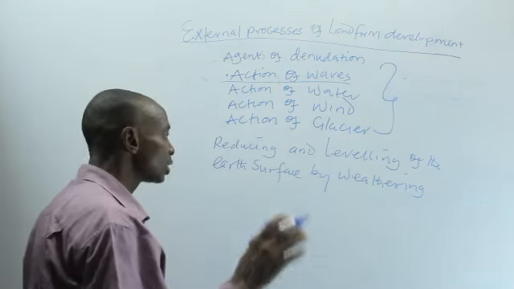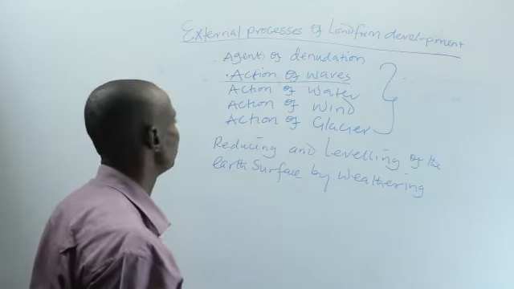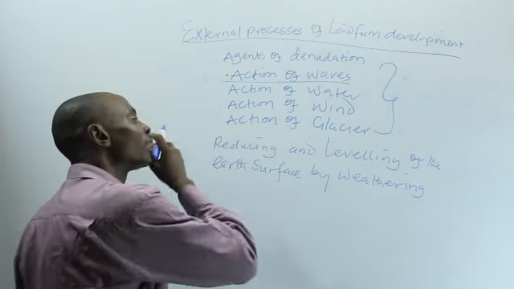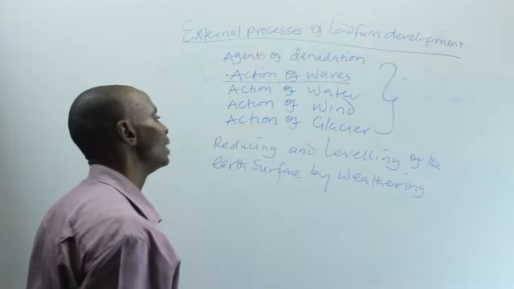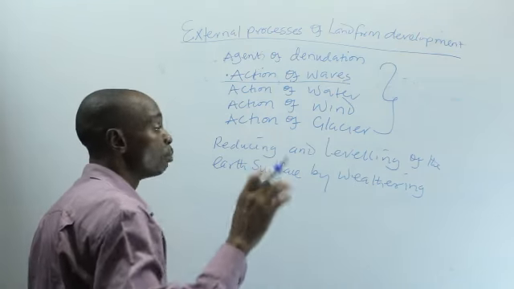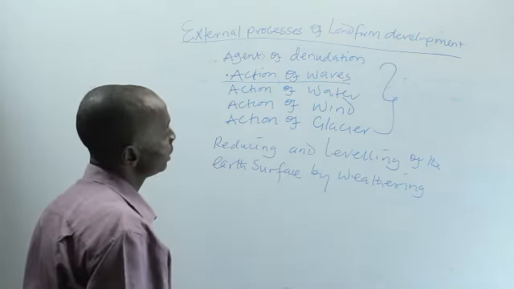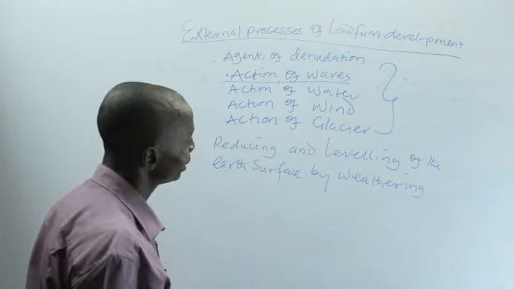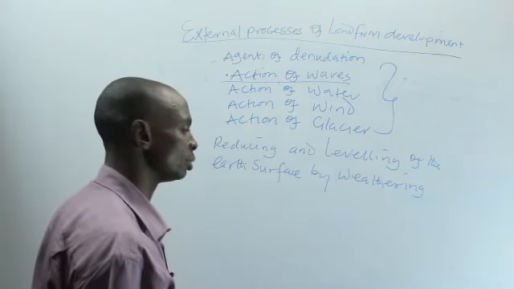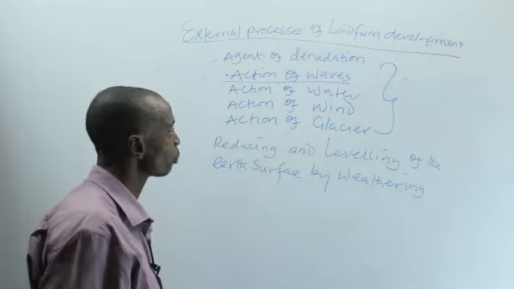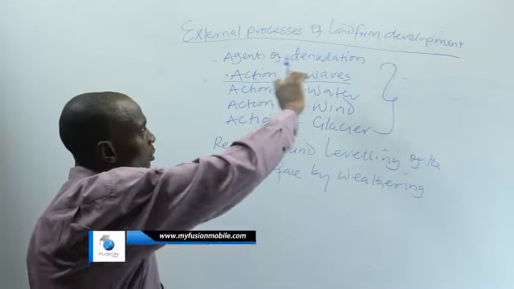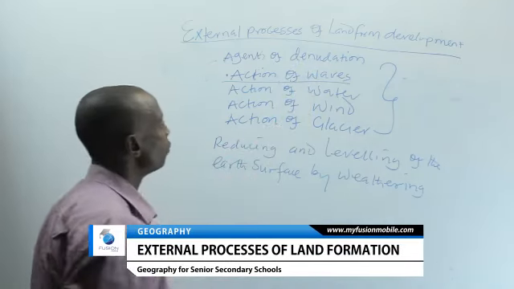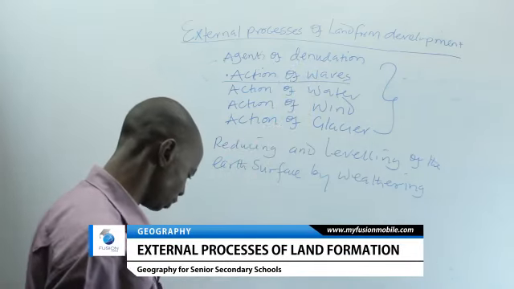Then we have the action of glacier, which is prevalent in a polar environment where 70 to 80% of precipitation is in the form of snow. So we now know the geographical location of each of these agents of denudation.